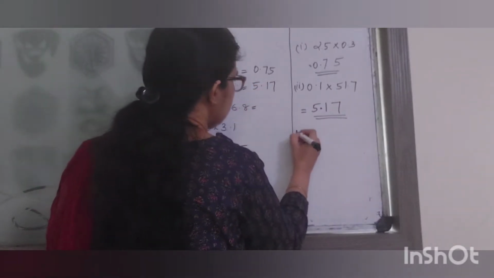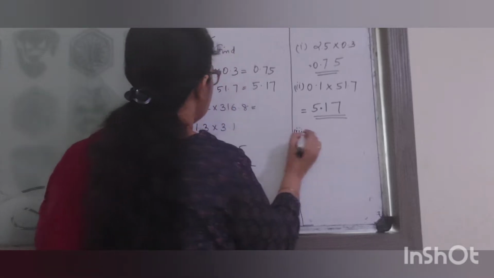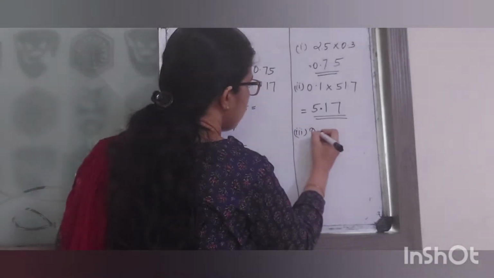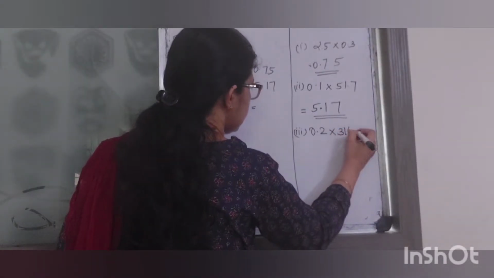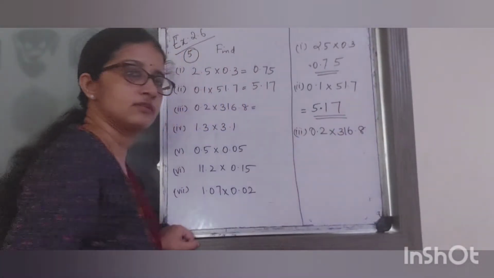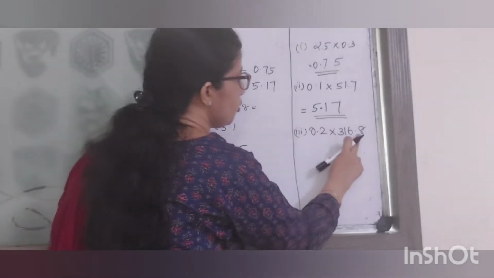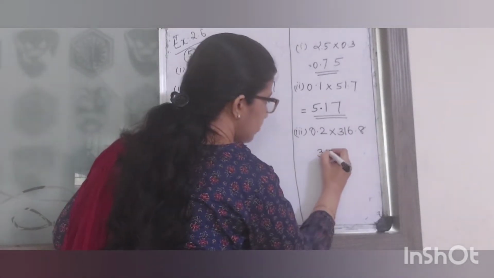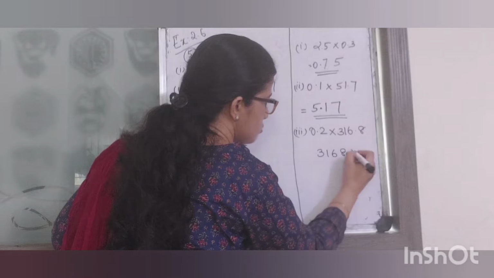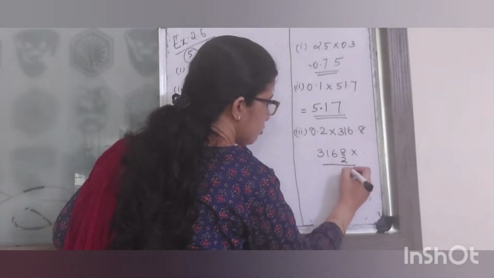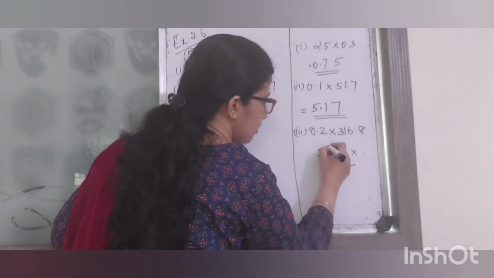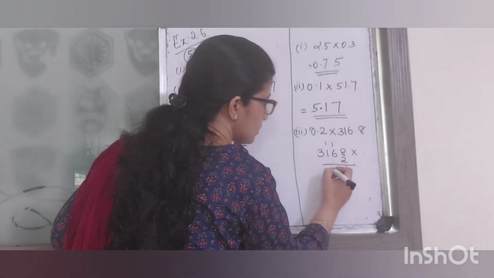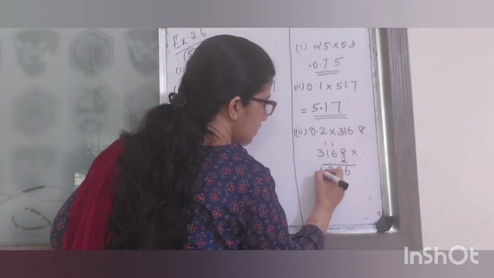Now let's take the third question. The third question is 0.2 into 316.8. Now again, if we ignore the decimal points, 3168 into 2. 8 2s are 16, 1, 6 2s are 12 plus 1, 13, 1, 1 2 is 2 plus 1, 3, 3 2s are 6.